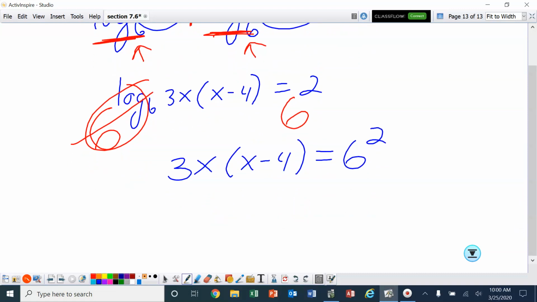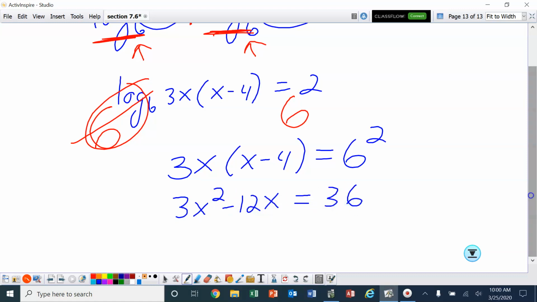I'm going to go ahead and solve this one because I need to remind you of a few things. When we distribute this, we're going to end up with 3x squared minus 12x equals 36. Oh, it's quadratic. You have two options.